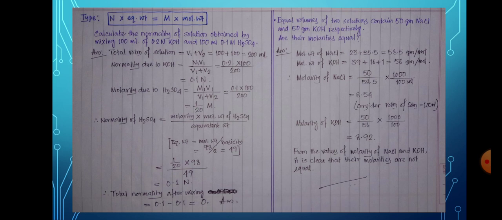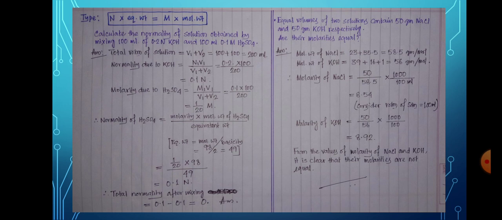Here from this question you see that one solution contains normal, another solution is molar. So if you get this type of problem, just go through this formula: normality into equivalent weight equals molarity into molecular weight.